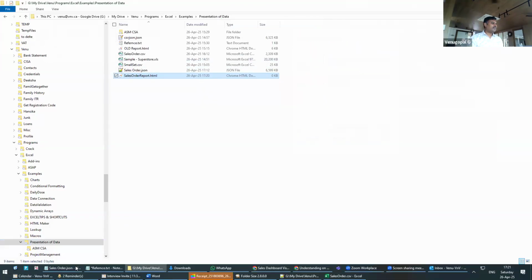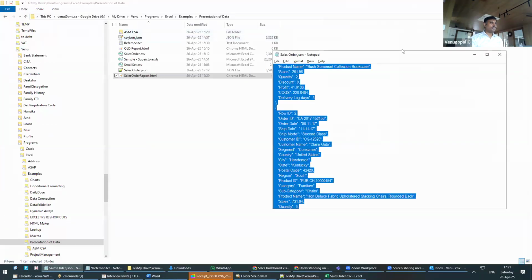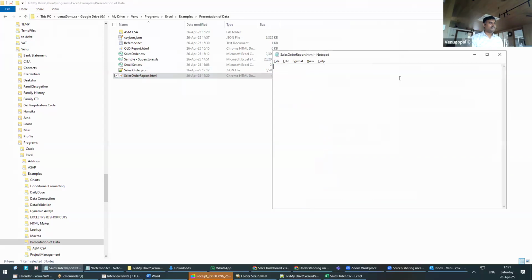For the benefit of everyone, let me open this file in Notepad. You can see this is an empty document, sales report.html. You will find one empty Notepad. Is it coming for everyone?